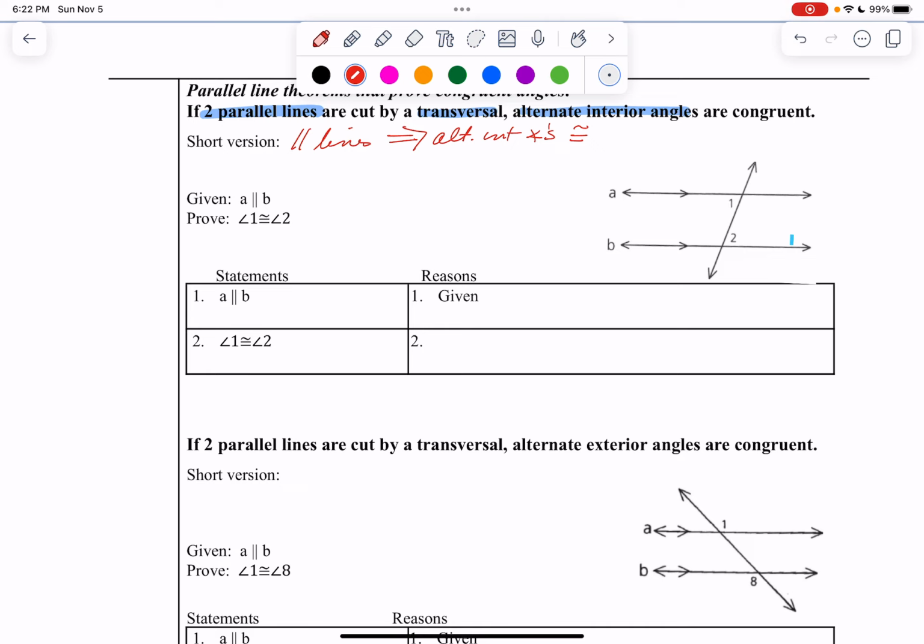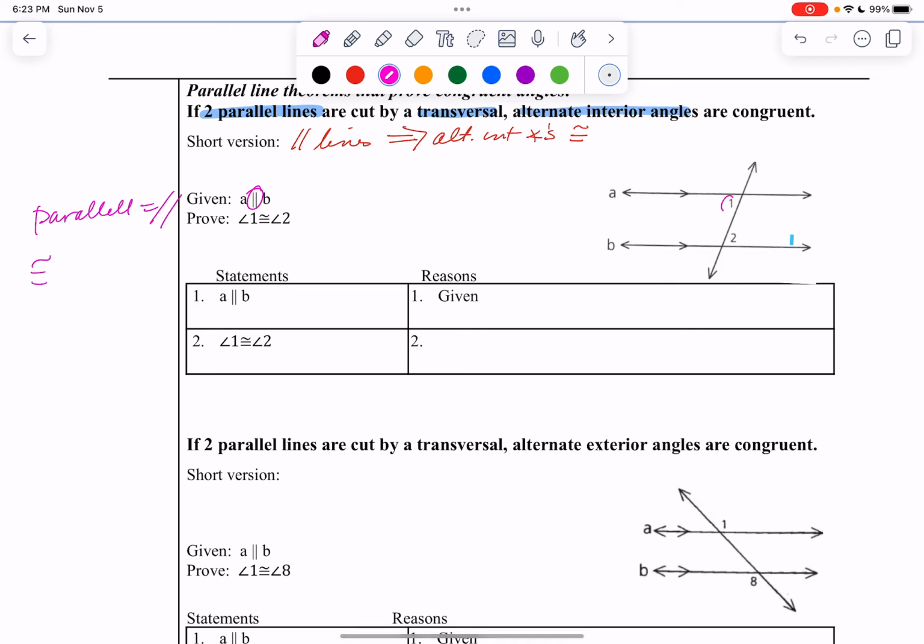So this is a really short proof. We have parallel lines, and we're trying to prove congruent.